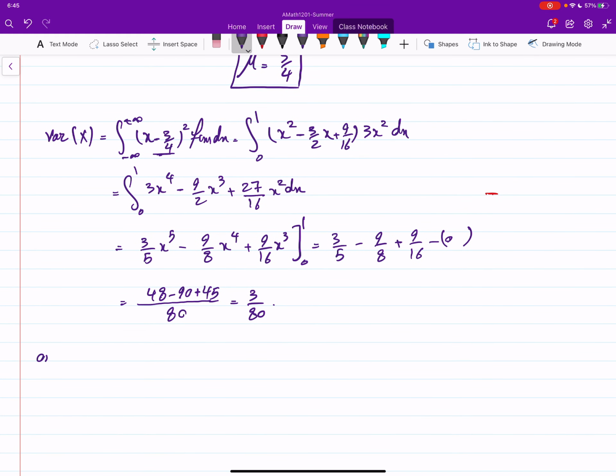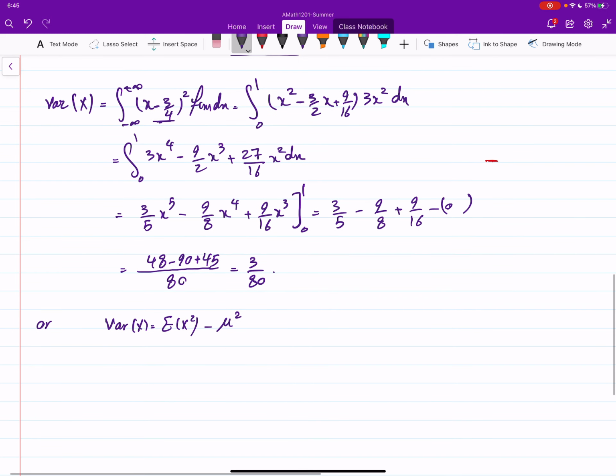Or we can use variance of x equals e of x squared minus mu squared. I know what mu is; I have to find e of x squared. So go from negative infinity to plus infinity of x squared times f of x dx. But our PDF is only non-zero on the interval 0, 1, and it is given by 3x squared, times x squared.